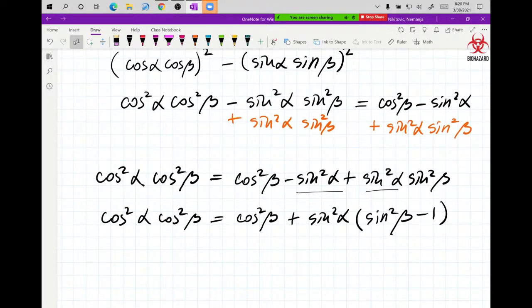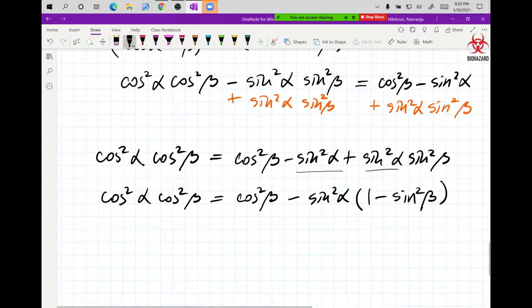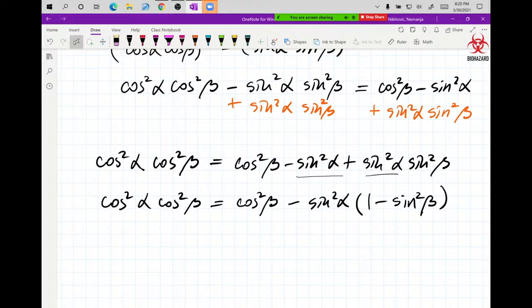Right? I think so. Sine squared beta, because I'm factoring positive 1. Now if I factor out a negative, then I get 1 minus sine squared beta. And that's a cosine. I think this is it.